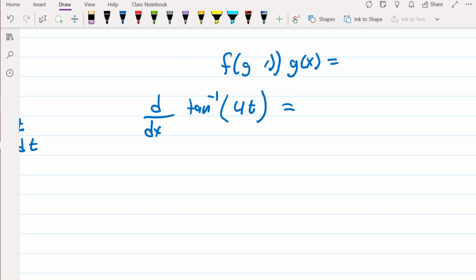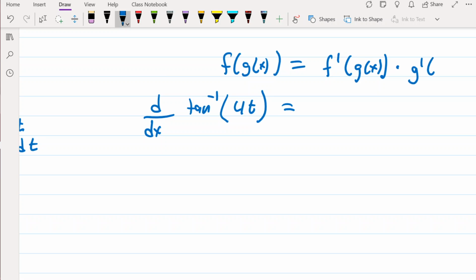I was just writing it initially wrong. So it should be the derivative of f of g of x is equal to f prime of g of x times g prime of x. I was mixing up this latter half with the prior half.